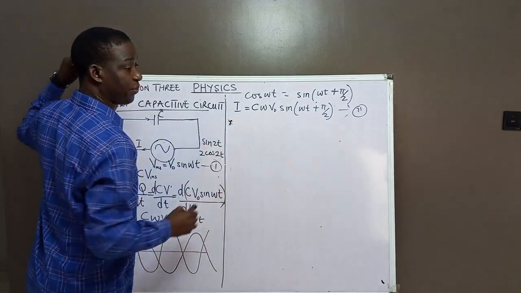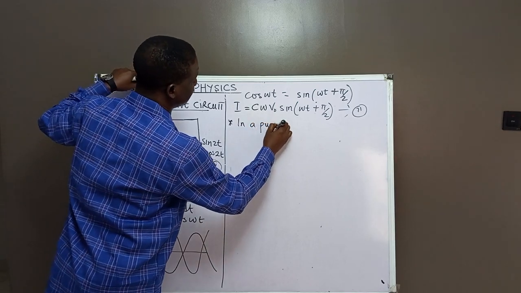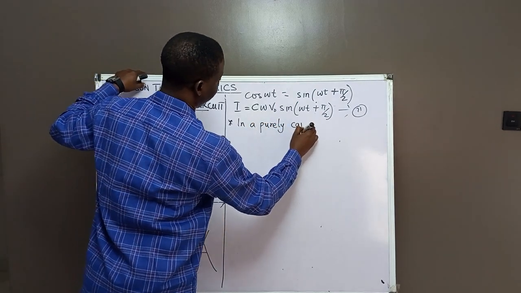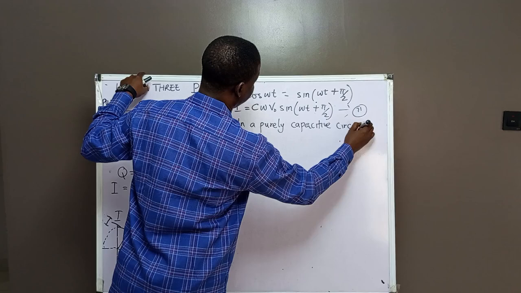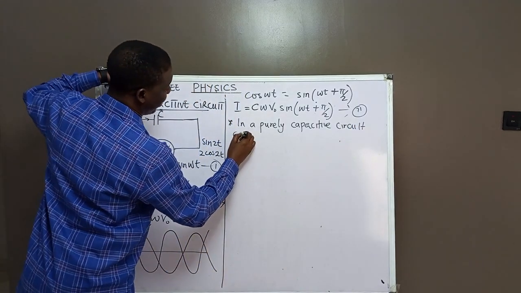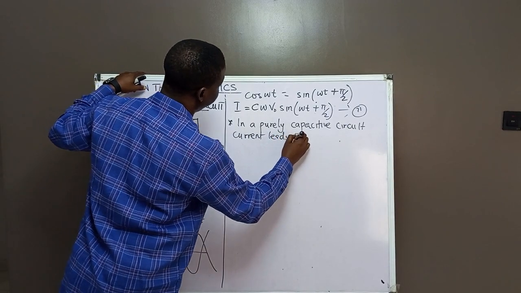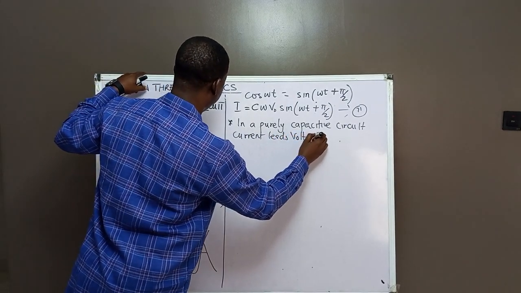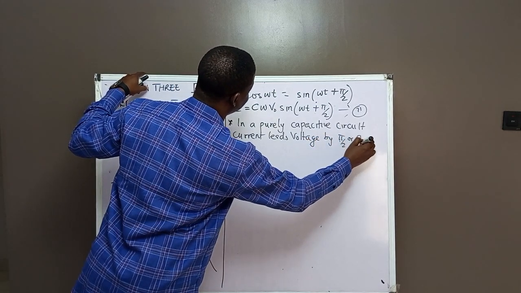Now if you compare equation 1 and equation 2, we can come out with something and say, in a purely capacitive circuit, current leads voltage by pi over 2 or 90 degrees.